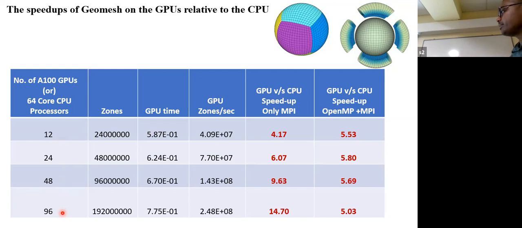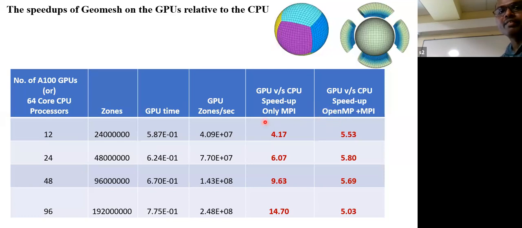This speed comparison can be done in 2 ways. One, we can parallelize the code completely with MPI with smaller patch sizes, or we can choose, for example, for the 12 processor run, to divide the cubed sphere into 12 patches, and then each of these patches is parallelized on the CPU with OpenMP. So this is the speed up that we get with OpenMP plus MPI.